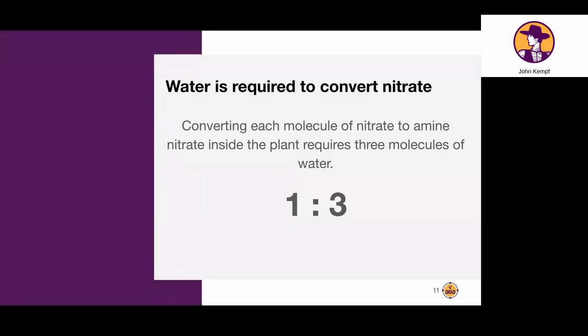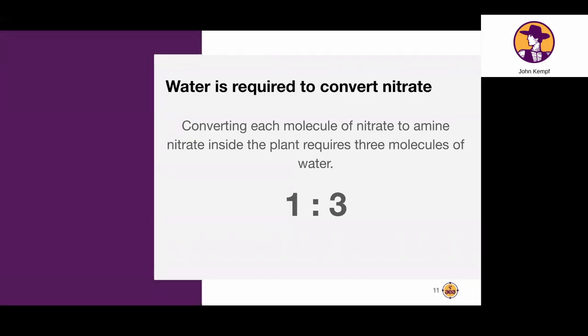And so you get nitrate being absorbed from the roots and from the soil water, moving up into the leaves, and the conversion process happens in the leaves from nitrate to amine nitrogen, then to amino acids and proteins and so forth. And the initial steps in the nitrate conversion process to amine nitrogen require a lot of water.